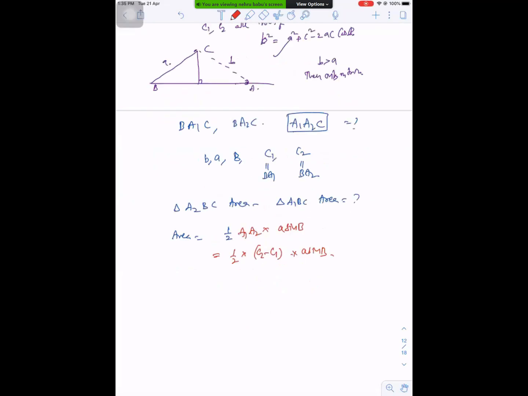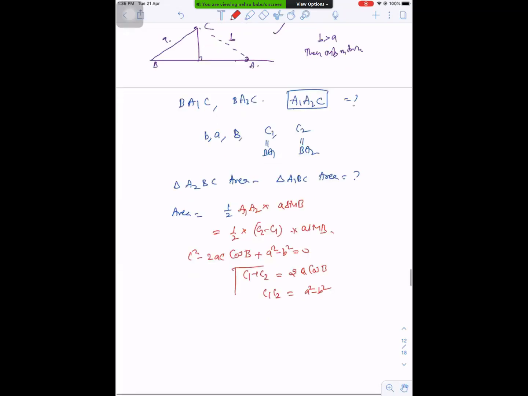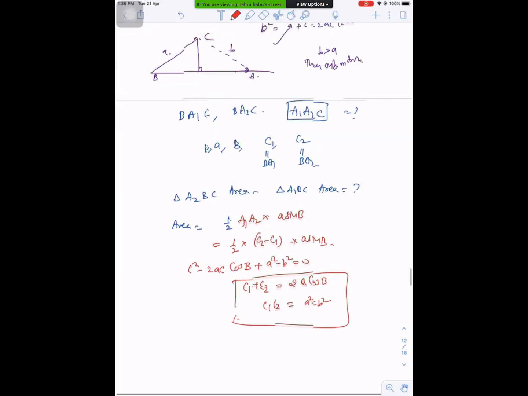From that quadratic equation, C square minus 2AC cos B plus A square minus B square, here C1 plus C2 is 2A cos B and C1 into C2 is A square minus B square. With the help of this, you can find the difference of roots. Substitute them, you will get the area. Like this, some questions related to C1, C2 they will ask.